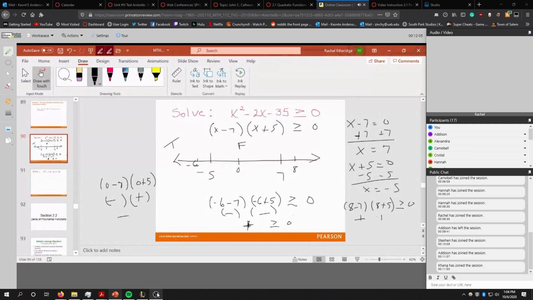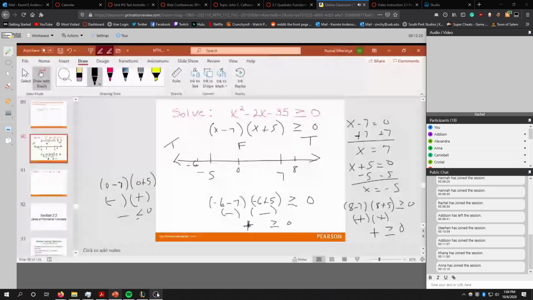That's positive, that's positive. So the whole thing, when you multiply two positives, is positive. So that is greater than or equal to 0, whereas this one would be less than 0. So we get a true.